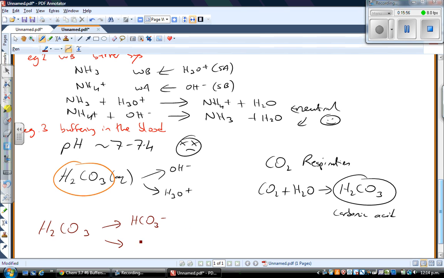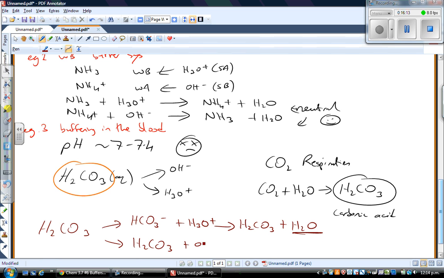From either of those species, the hydrogen carbonate will reform carbonic acid plus water, so that keeps the system neutral.